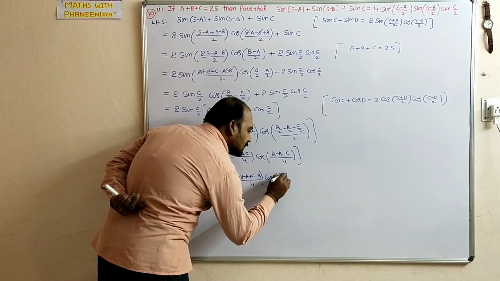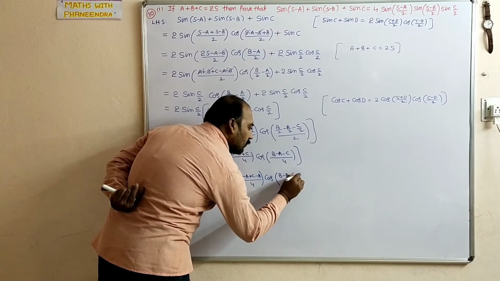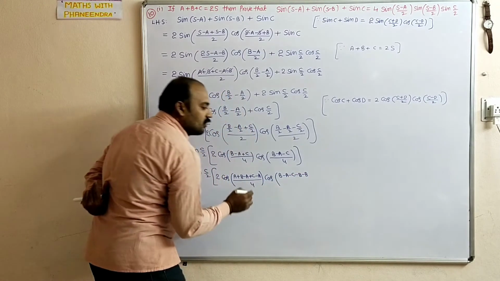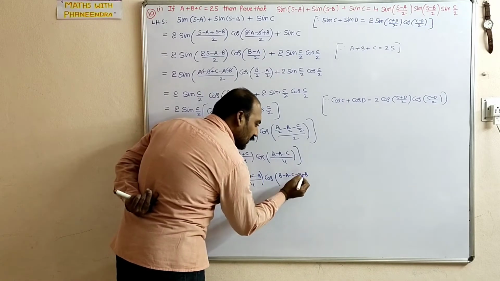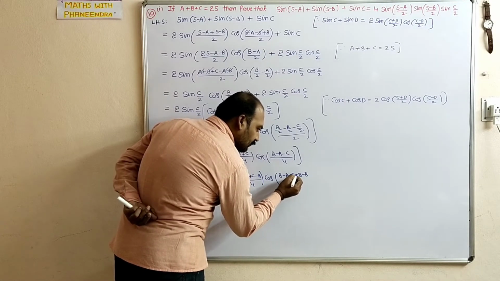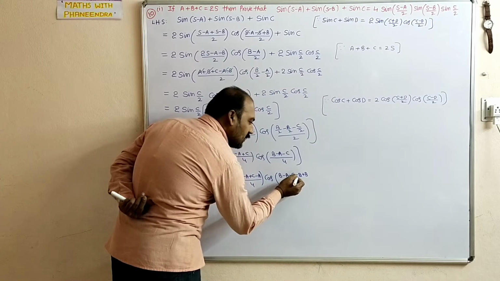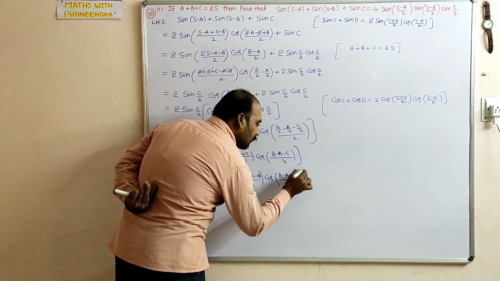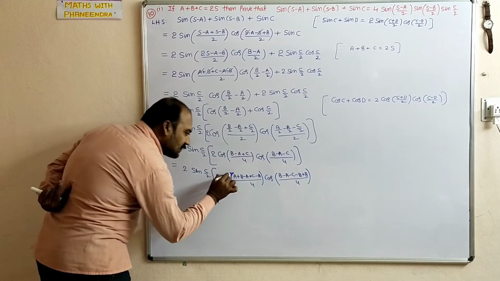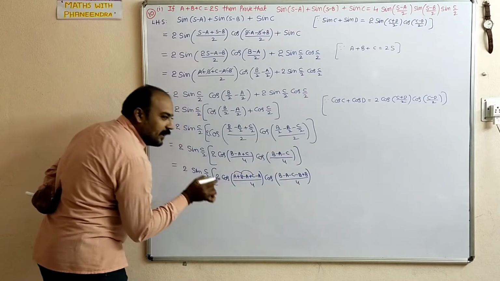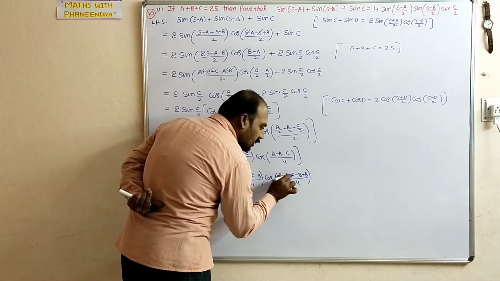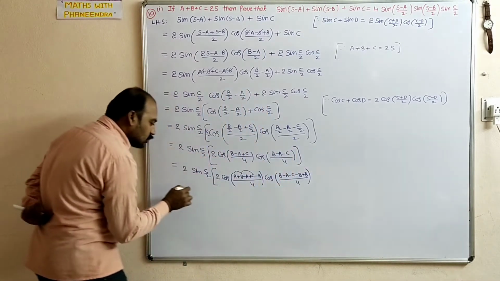So b minus a minus c minus b minus b. We are adding and subtracting b. So in place of a plus b plus c, you can write 2s. After taking common minus here, a plus b plus c is also 2s.